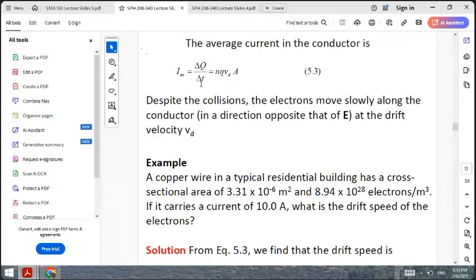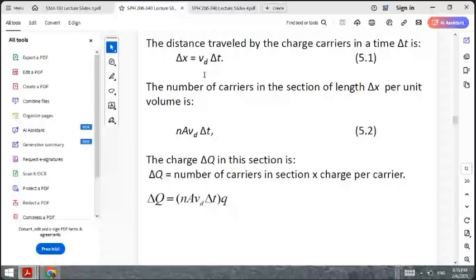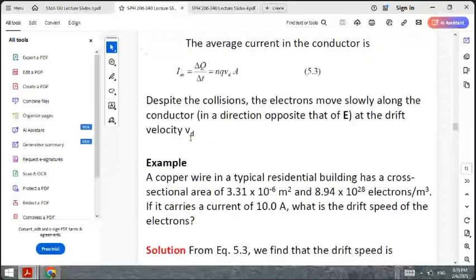Then we remember from basic physics that current is given by the rate of flow of charge, that is delta Q divided by delta t. That gives you current. I repeat, we define current as the rate of charge flow.